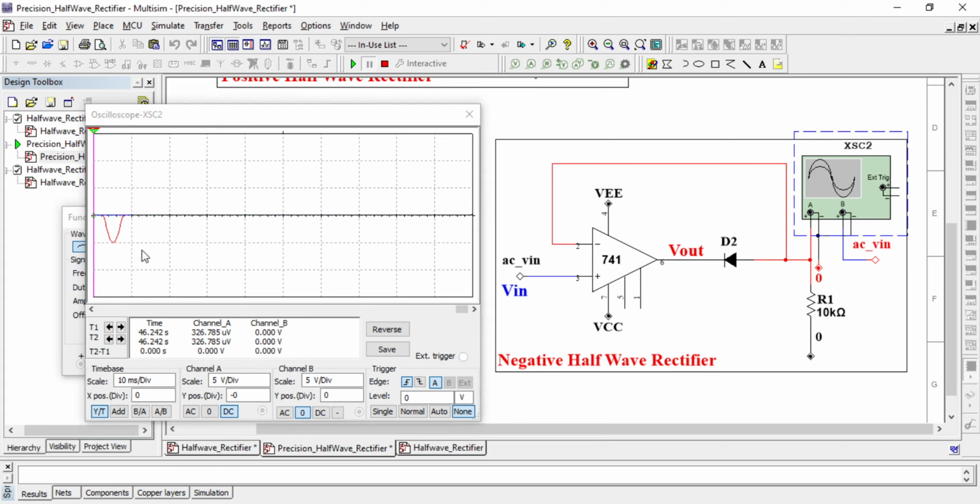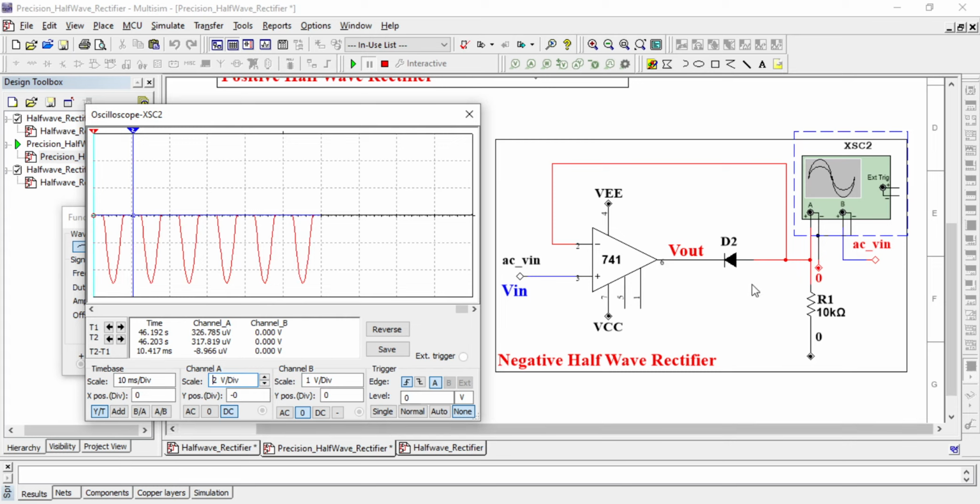And again, due to the behavior of this circuit, the positive half is not affected by the threshold voltage of the diode, because here you can see we are getting somewhere around 317 microvolt, which is almost 0 volt and far less than the threshold voltage of the diode.